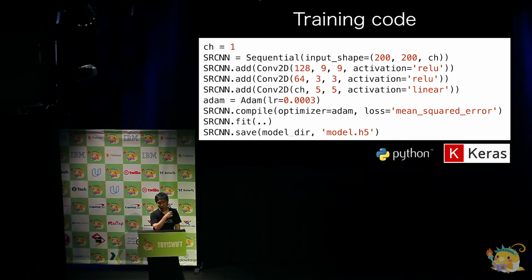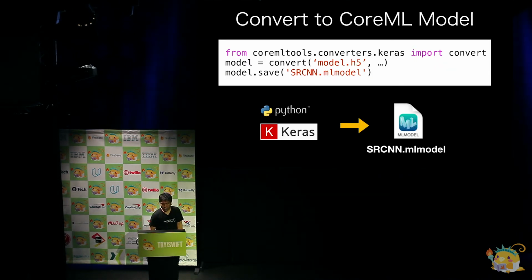Once training is complete, we need to convert the Keras model into ML model format so that it can be embedded into an iOS app. Apple has a Python library for conversion called CoreML tools. So by writing just a few lines of Python code, such as this, we can obtain the ML model file.